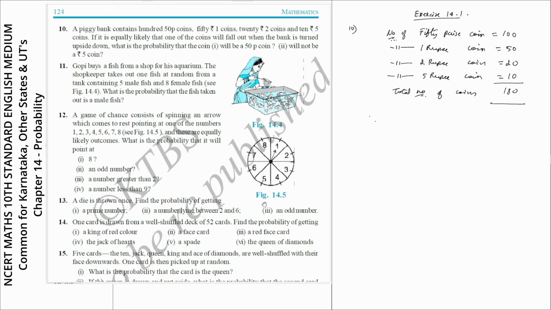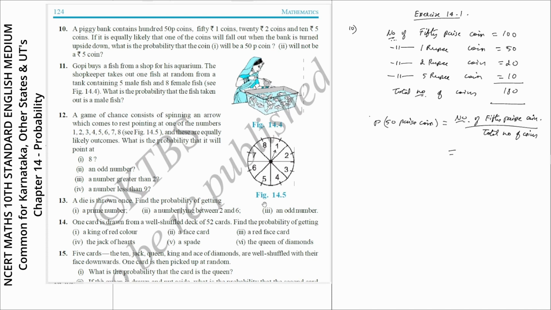Now the probability that a 50 paisa coin will come out is simply number of 50 paisa coins by total number of coins.